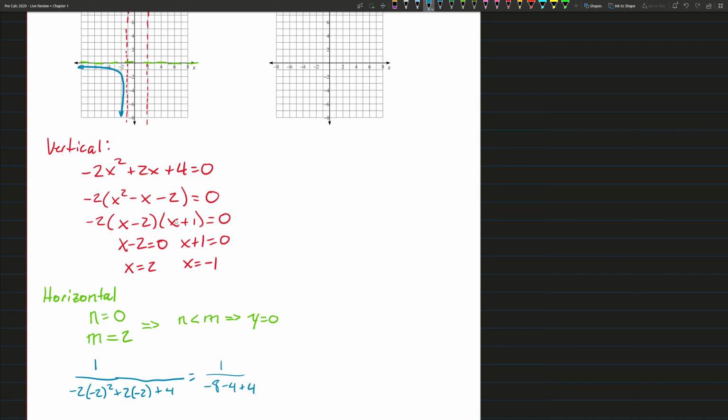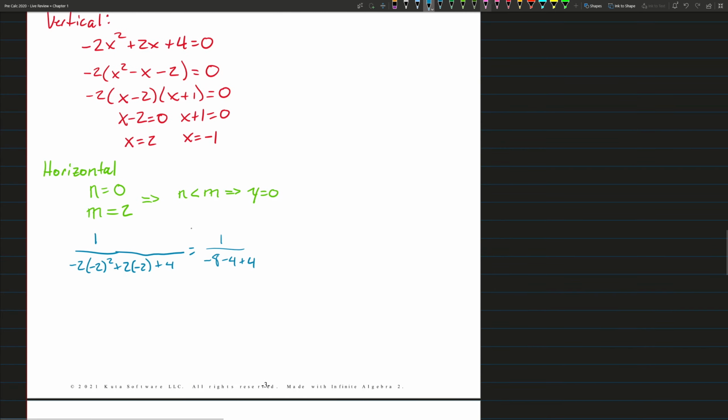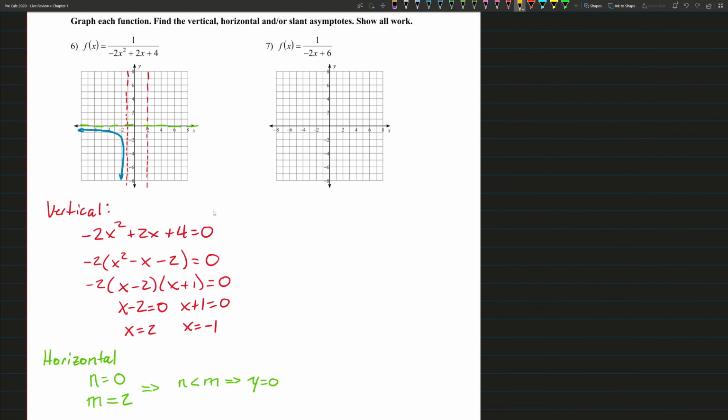We need to test between the two red dotted lines. So we get 1 over negative 2 times 0 squared plus 2 times 0 plus 4. That's just positive, right? Because those things cancel out, and we're left with 1/4, which is above 0. So our graph is going to look kind of like that.